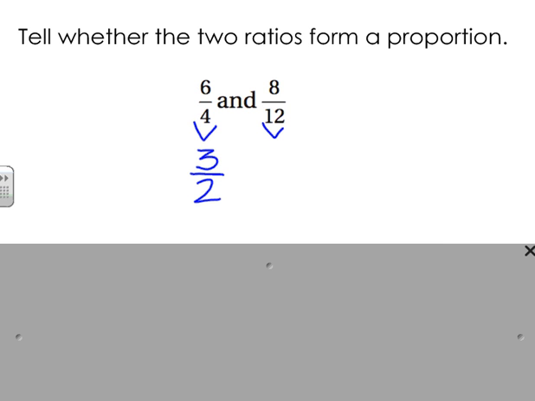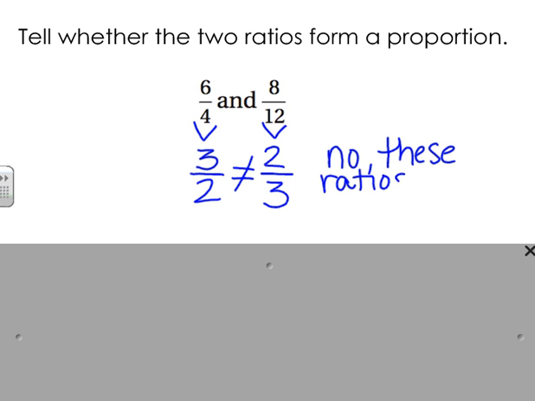And then I'm going to simplify 8/12. I'm going to divide by 4 to get 2/3. Now, 3/2 and 2/3 are not equal. So I would say no, they do not form a proportion. I can also say they are not proportional.